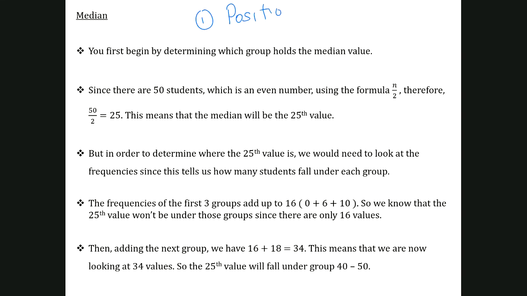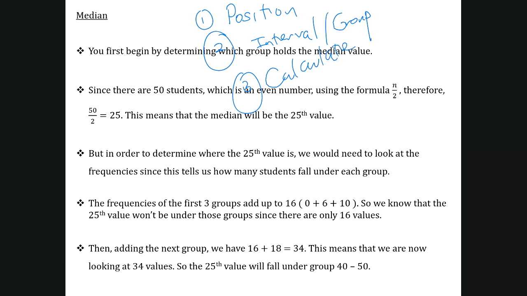The second step is to determine which interval or group we will find the median in. And the third step is to actually calculate the median using that formula we saw on the next page, the one that says L1 plus the N over 2 minus the sum of the frequencies, and so on.